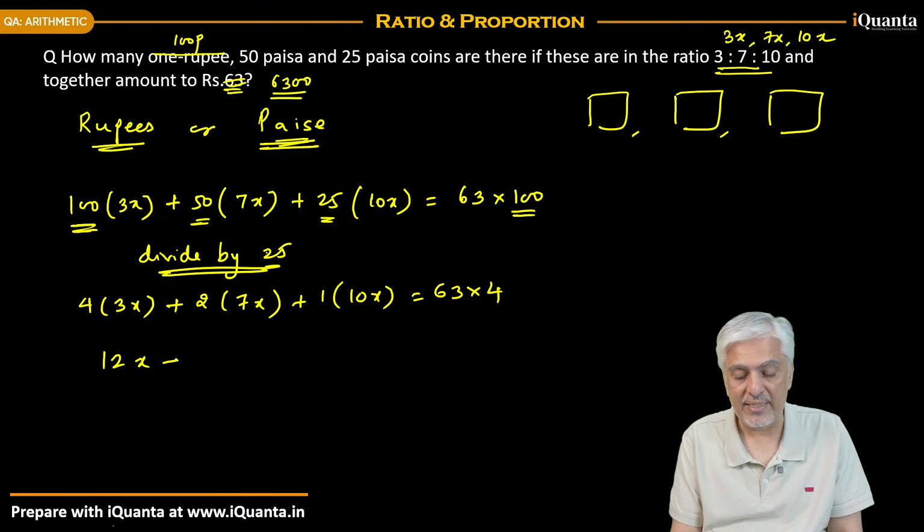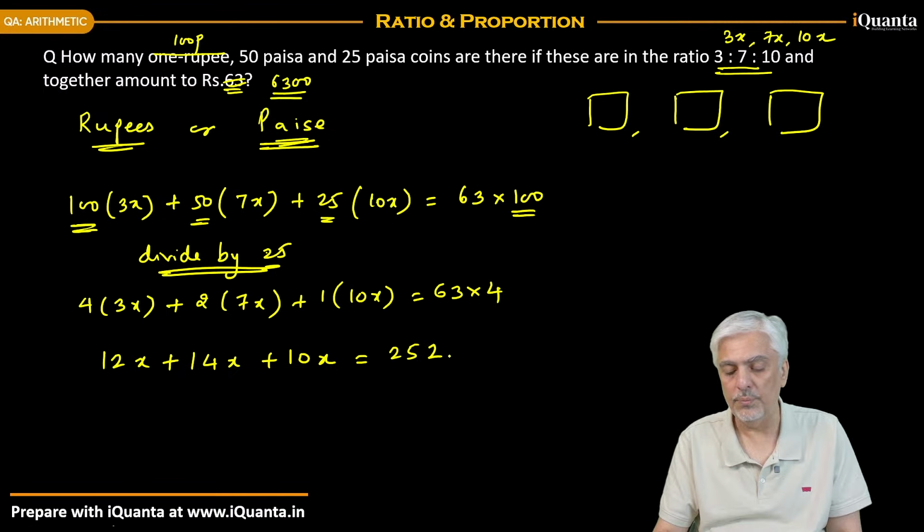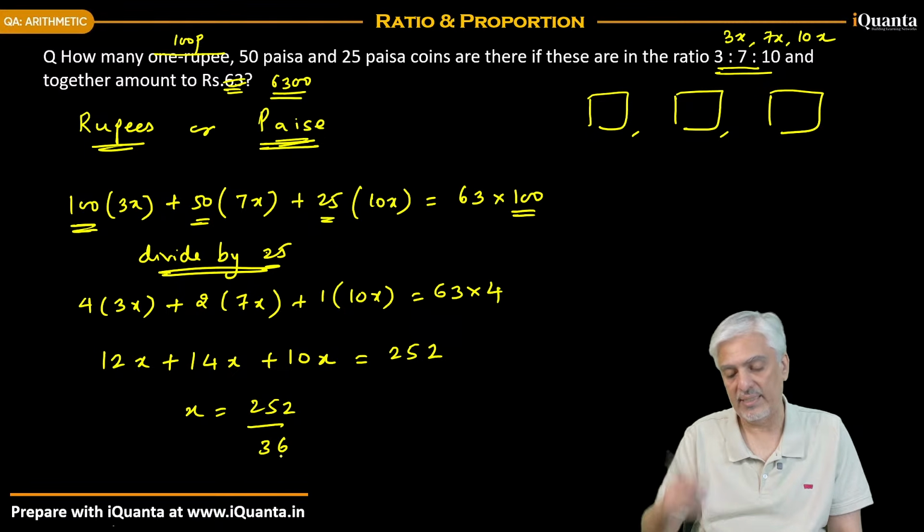So 12x plus 14x plus 10x is 252. This is 26 plus 10, 36x. This will become 36x. So x is 252 divided by 36.